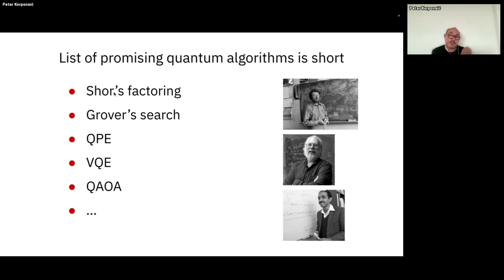There is Grover's search algorithm, then we have quantum phase estimation, the variational quantum eigensolver, and so on. We have even more algorithms, so this is only a part of the list.